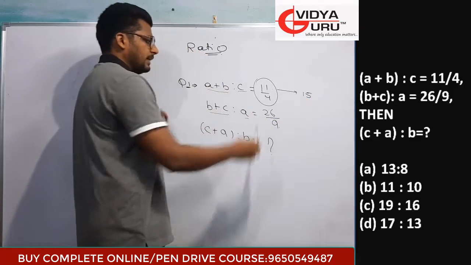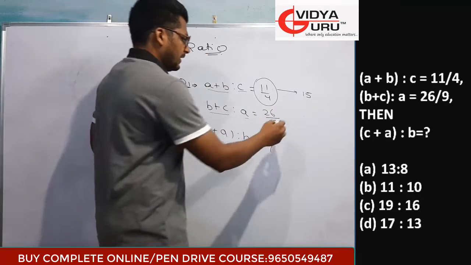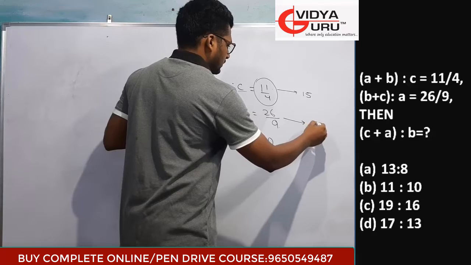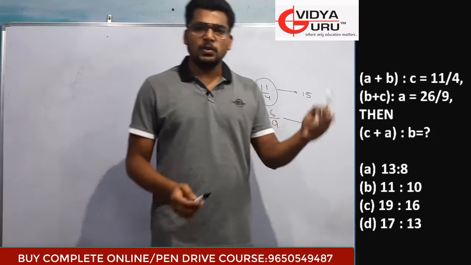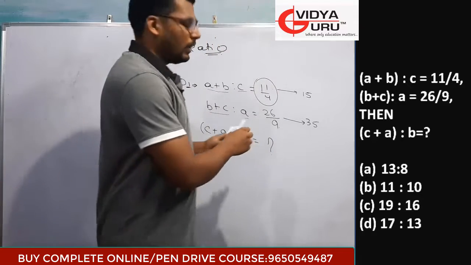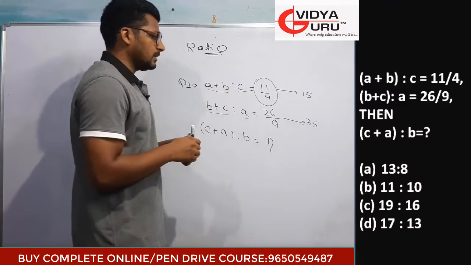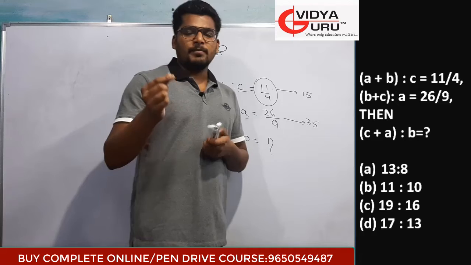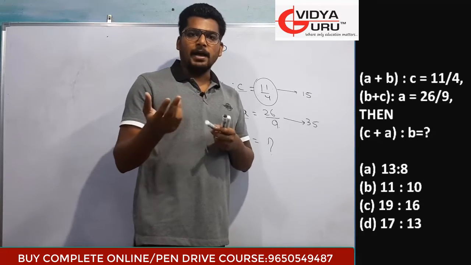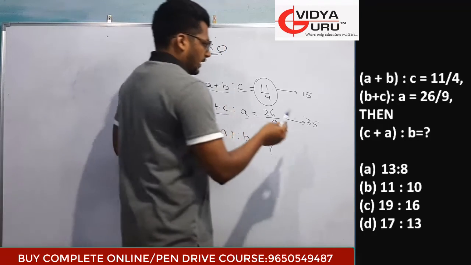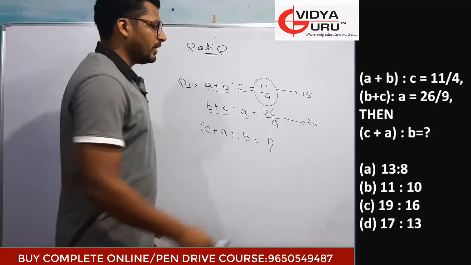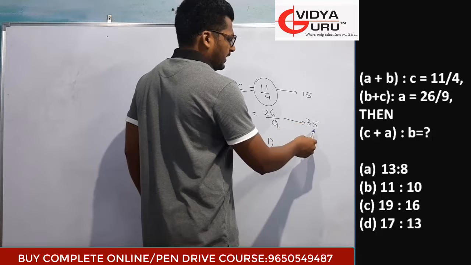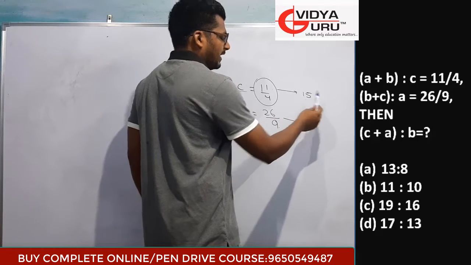But here it is given 35. We have to make this value equal, then only we can find out C plus A ratio B. As we know, we can multiply a ratio by any number. At what value can we make it equal? As we know, it is 5 into 7 and that is 5 into 3.